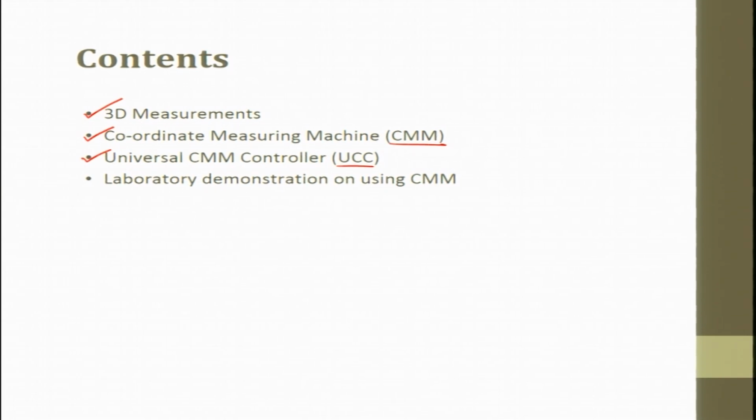If I think of the whole CMM machine, the controller that controls the machine is known as UCC. So, laboratory demonstration on using CMM, I will show you the parts, the various heads, all the axes, and we will see what the degrees of freedom are, all those things, and also we will try to measure one component that would be a kind of a standard component.